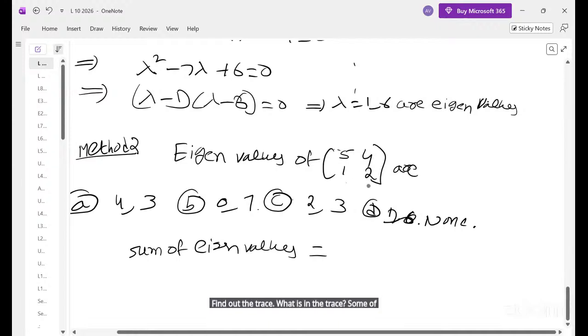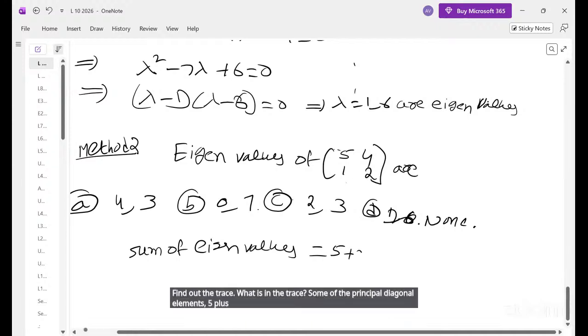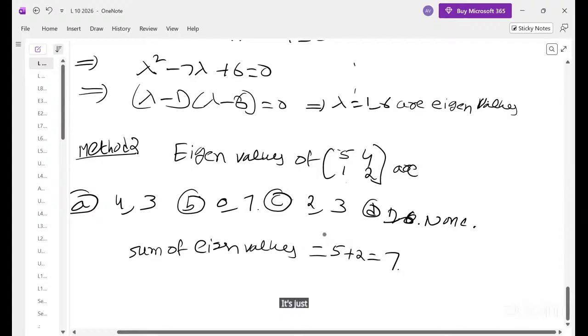Trace is the sum of the principal diagonal elements, 5 plus 2, which is 7. Sum of eigenvalues is nothing but trace A. So, find out trace A. Trace A means the sum of the principal diagonal elements. For any given question, find trace A. Then the product of eigenvalues must be det A. What is the determinant of this matrix?